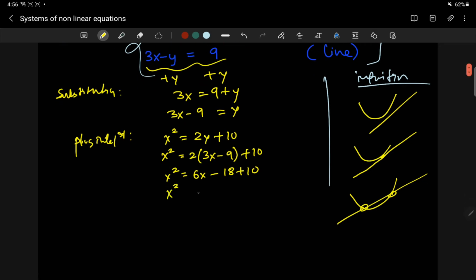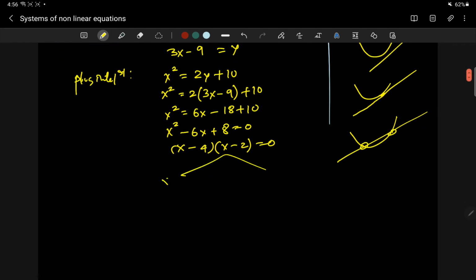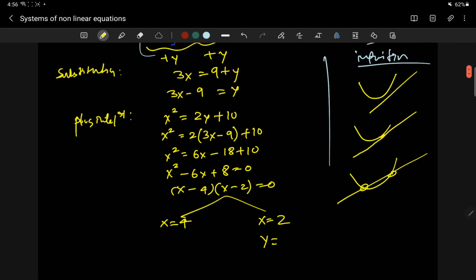Now, what is this? This is just a quadratic equation, which you can solve using either factoring or the quadratic formula. That gives you x is 4 and x is 2. And then correspondingly, you can find your y, because you know what y is in terms of x.